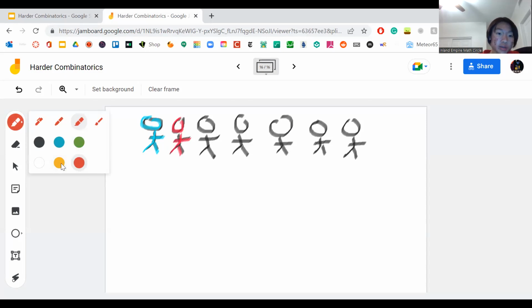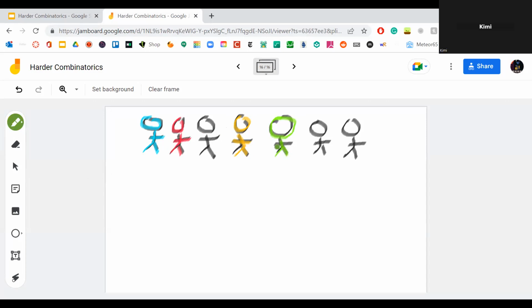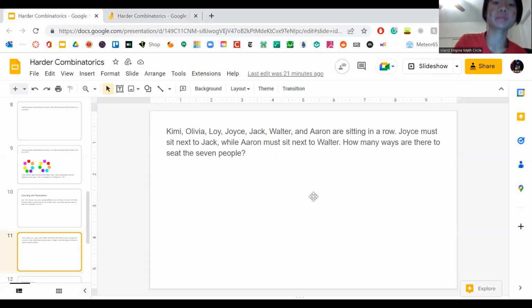And then we'll say green and yellow have to be together. Let's just say they're best friends and they want to be in line together. Okay. So do you have any ideas for how to do this?